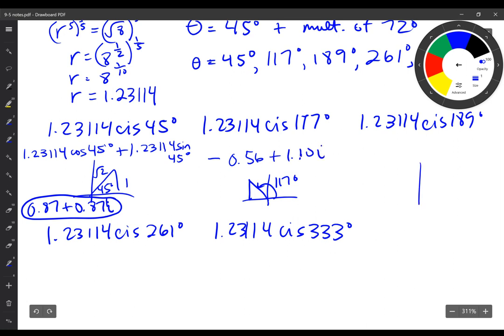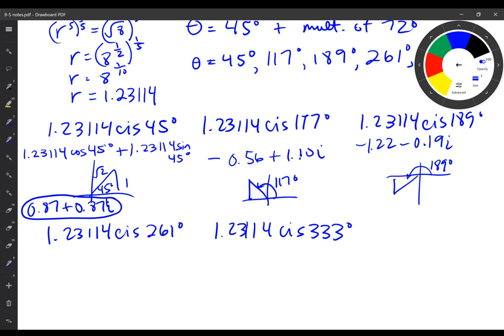And then I need to do 189, so that's going to be just past over here. -1.22 minus 0.19i. So I always like to look at my signs. Because I'm in quadrant 3, I know that both the x and the y parts should be negative.